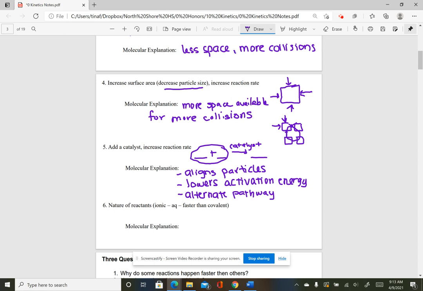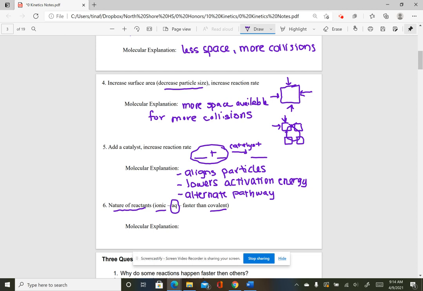Finally, guys, and this is something we can't control, the nature of the reactants. The reactants are what they are, and some reactants are better at reacting and react faster than others. So in general, ionic is faster than covalent. And if you have aqueous ionic reactants, that's going to happen super fast.